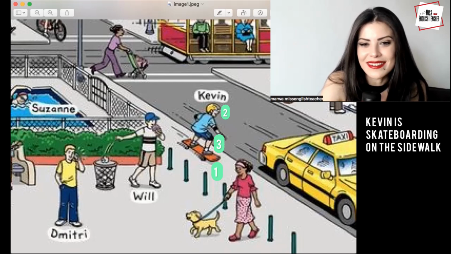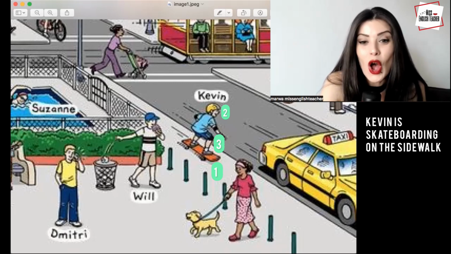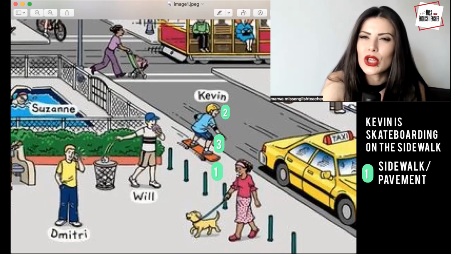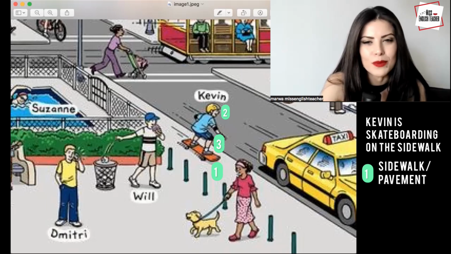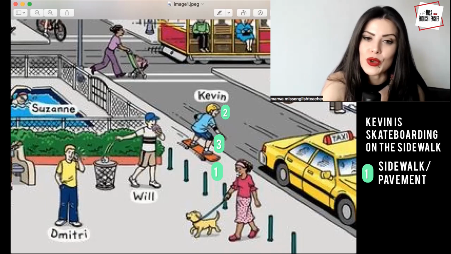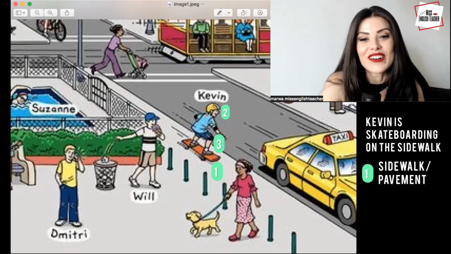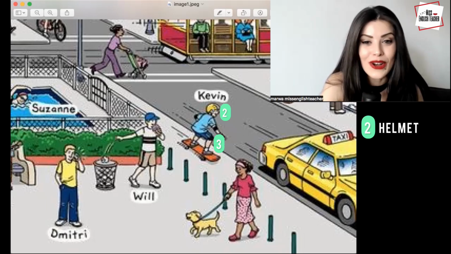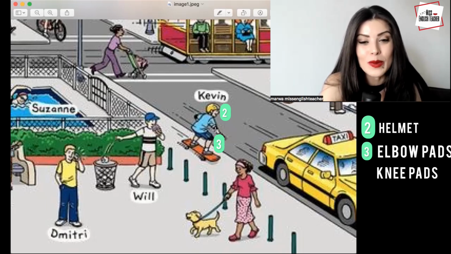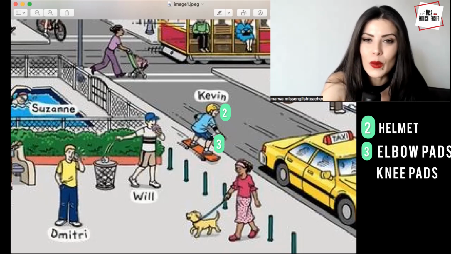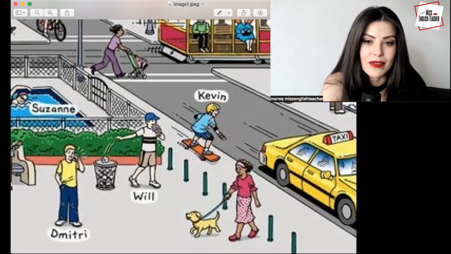So, Kevin is skateboarding on the sidewalk. You can also use the word pavement if you speak British English. Now, Kevin has his helmet on, yeah, and he's got his elbow pads and knee pads. He's got the whole equipment to keep him safe.